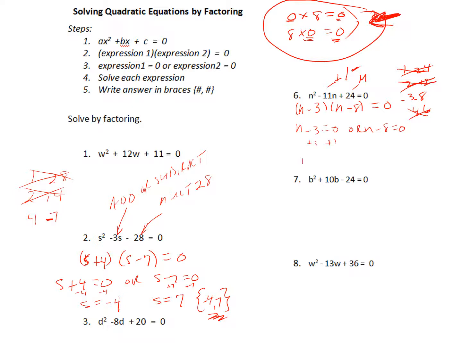So I get n equals 3. When I do n minus 8, I'm going to do the opposite, add 8 to both sides. So this gives me n equals 8. So the solutions, the two values for n that will make this statement true, are positive 3 and positive 8. Yeah, done.